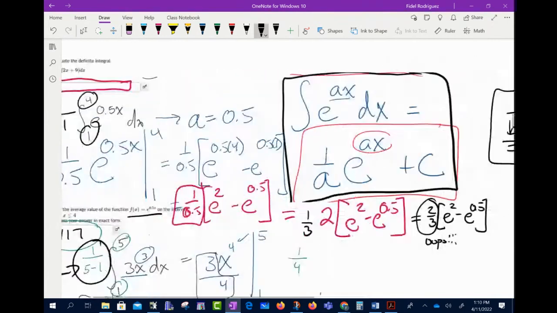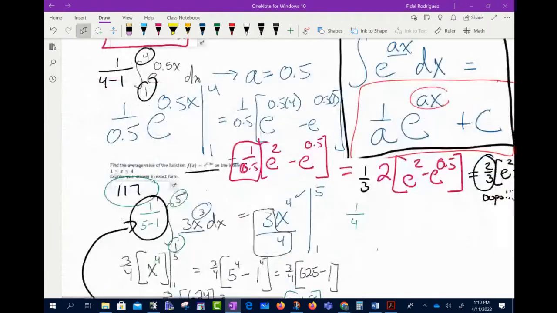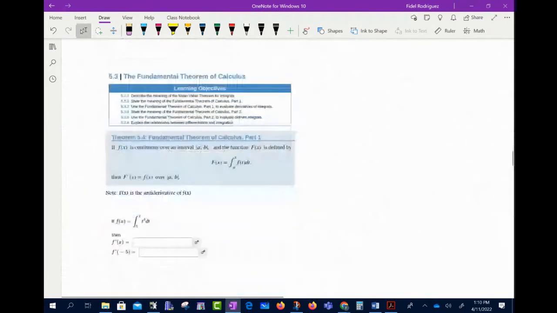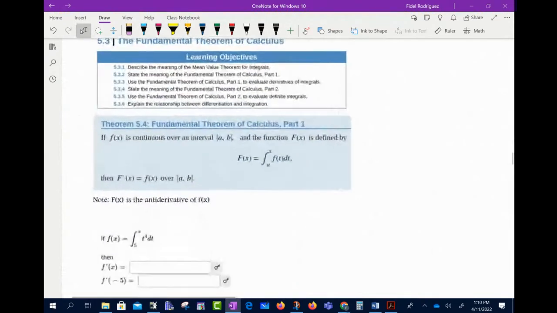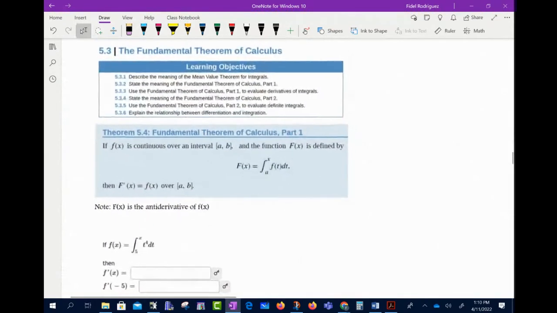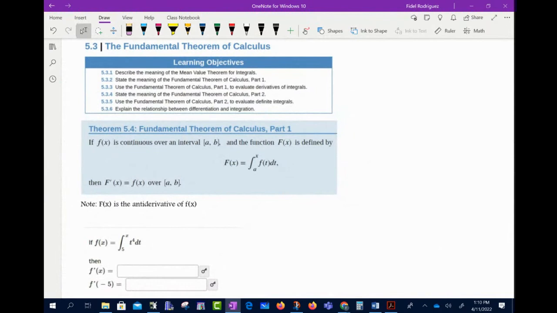Alrighty, so now let me go ahead and get started on 5.3. So 5.3, y'all, is something called the fundamental theorem of calculus. And it's going to seem kind of silly, at least it does to me, when I'm doing these problems.